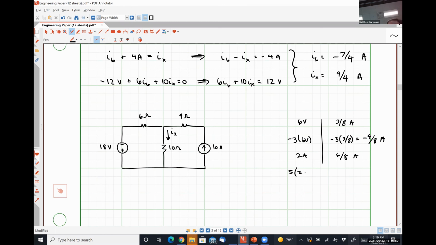So when I scale that by a factor of 5, I should get 5 times 6/8, which would be +30/8.